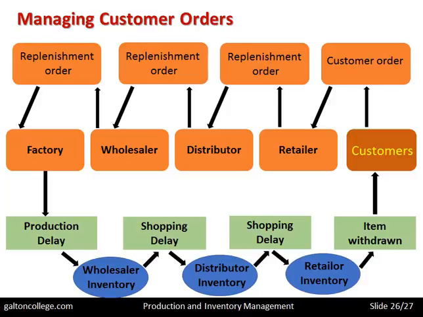And that's managing customer orders. That's how the customer order is moved through the system, from customers to factory to be made in the factory, which of course affects the staff in the factory, who will create employment for people working in the factory. It'll create employment for the people who make the machines that the factory uses as well. So there are what's known as multiplier effects coming off that. And that's the way the order system runs.